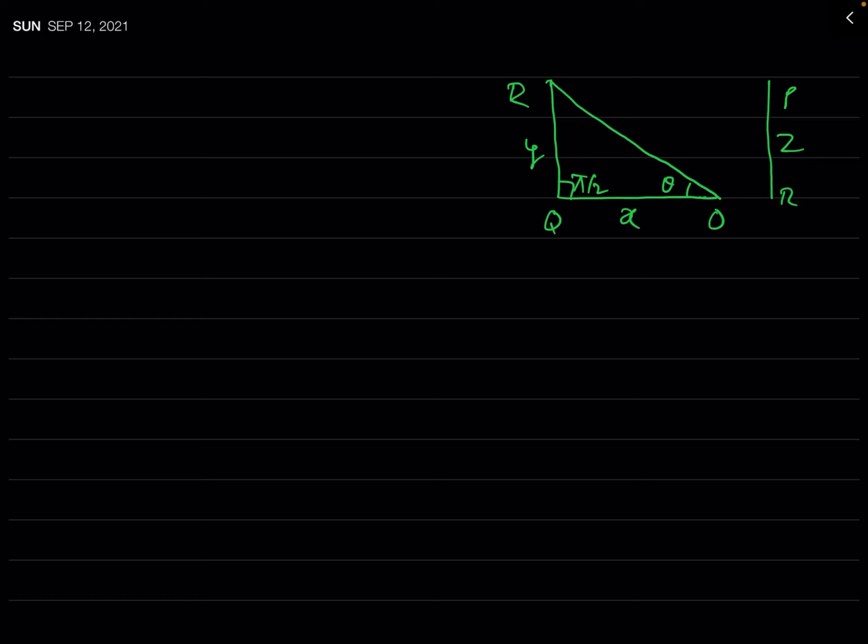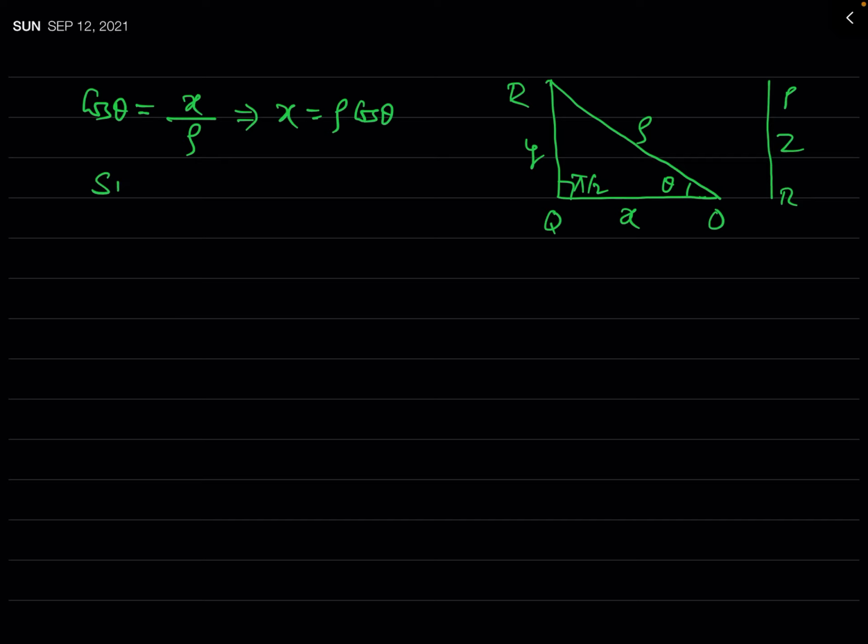See the figure. If you find the value of cos theta from here, what will that be? This OR is equal to rho. So cos theta is x divided by rho, and this implies x is equal to rho cos theta.